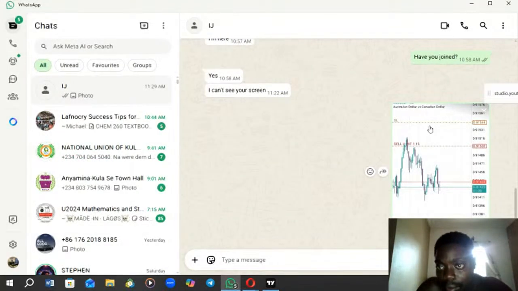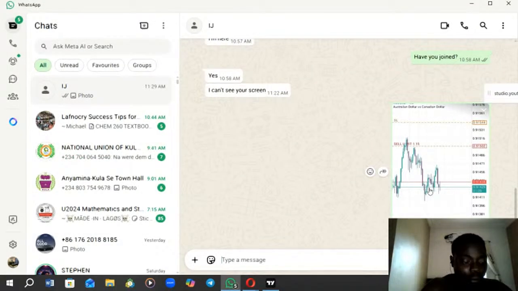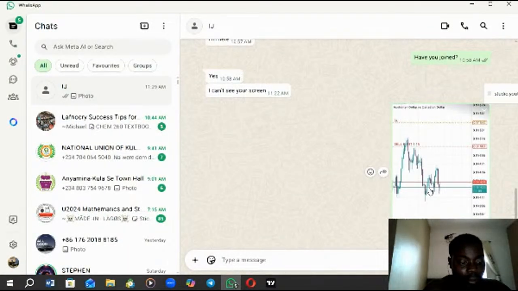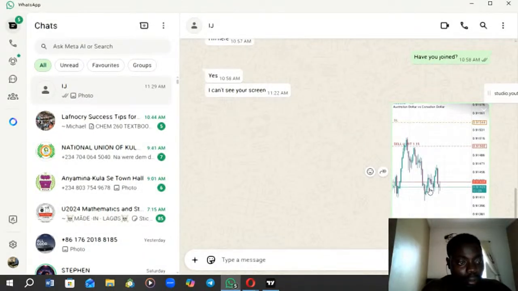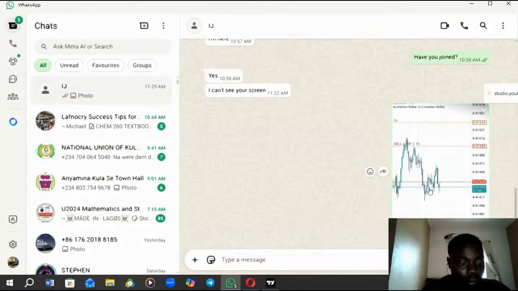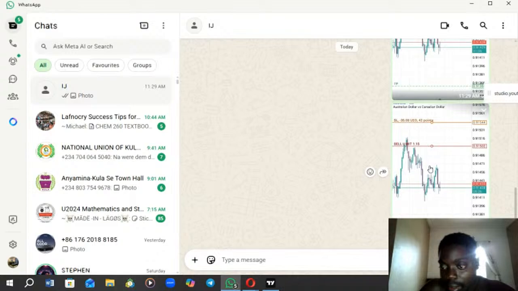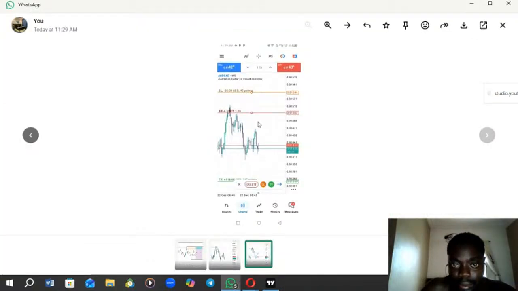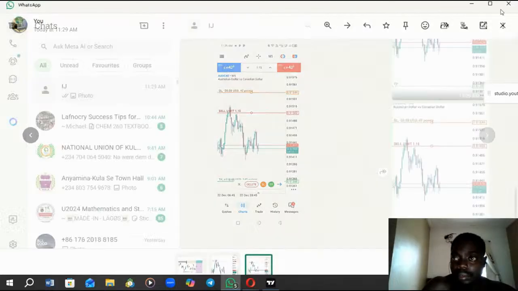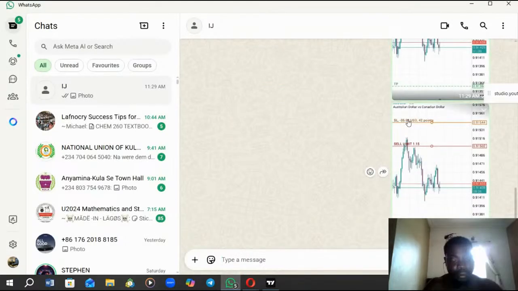That's my stop loss. So let me send you what I'm risking. You can see that I'm risking $35 to get 100 and something dollars. That is how it is. It is that simple.